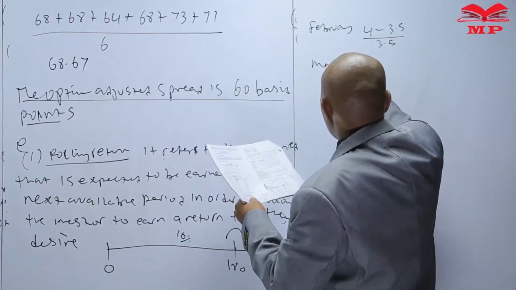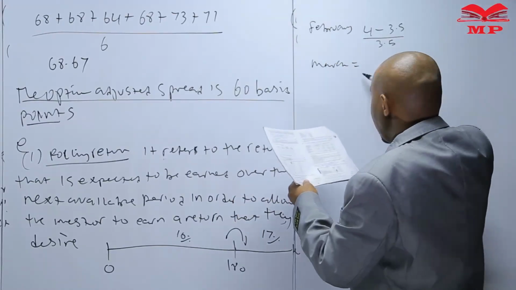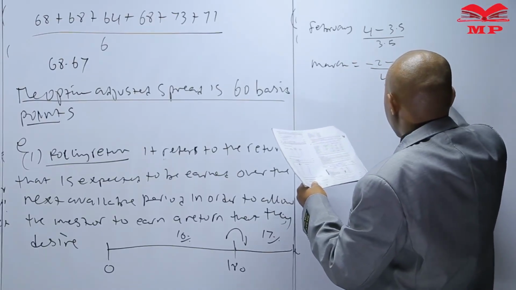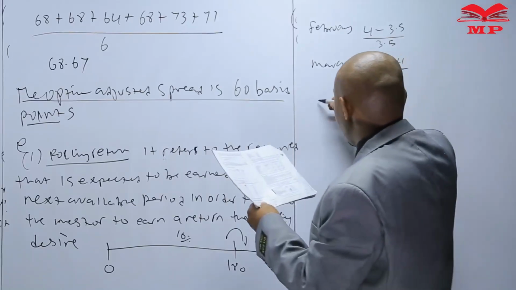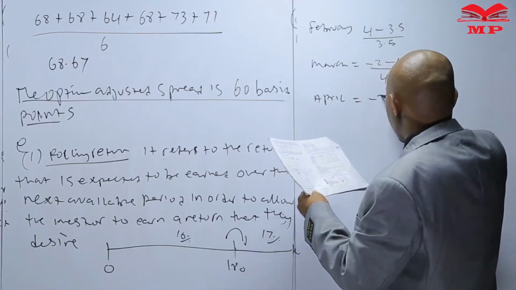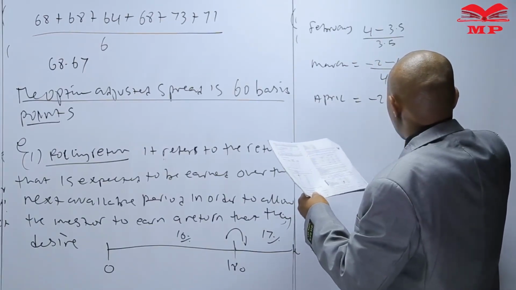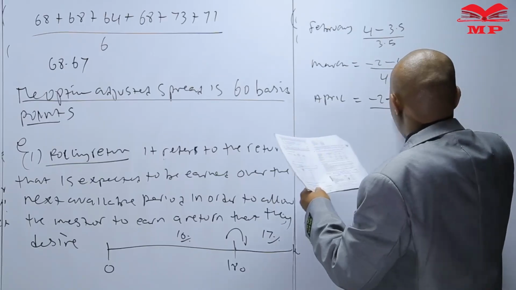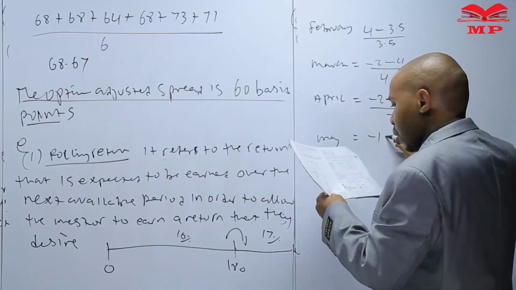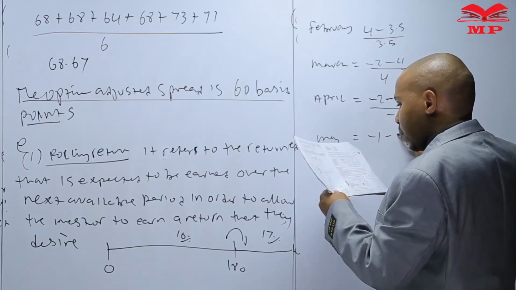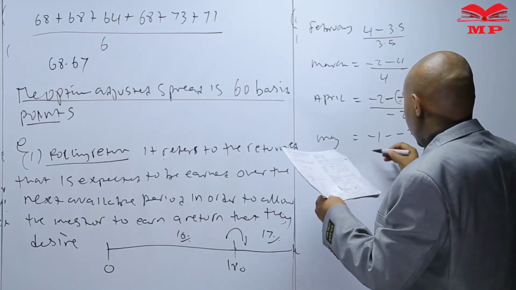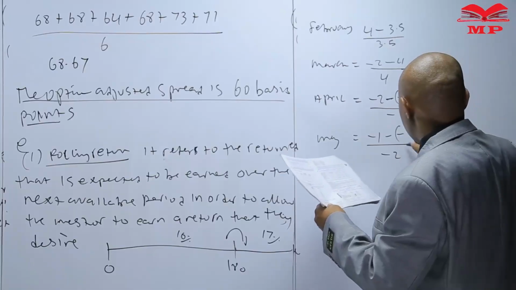March: minus 2 minus 4 over 4. April: minus 2 minus minus 2 over minus 2. May is minus 1 minus 2 over minus 2.